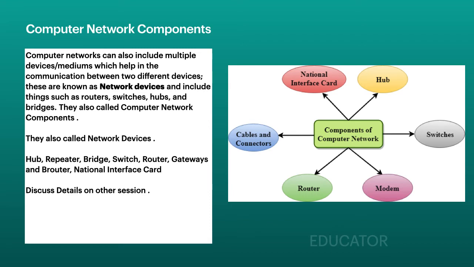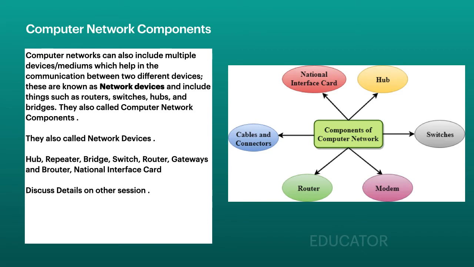Okay, now the next important term is computer network components. After computer network, client-server, and peer-to-peer, these are all important terms. Whenever we design the architecture, we need cables, routers, and modems. With these network devices, we can create our network and interconnect multiple nodes, computers, and clients. These are simply called network components.